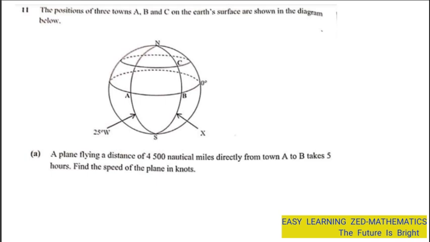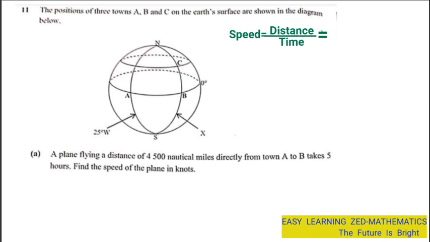If you have done so, then we can go to question 11A: a plane flying a distance of 4,500 nautical miles directly from town A to town B takes 5 hours. Find the speed of the plane in knots. We are going to use the usual formula: speed is equal to distance over time.